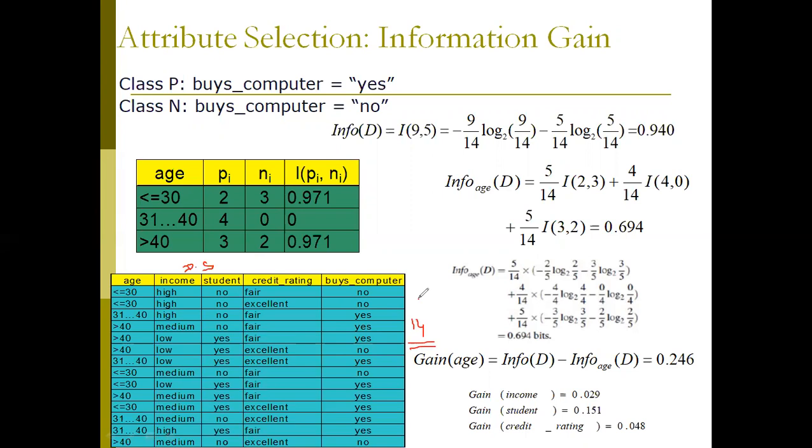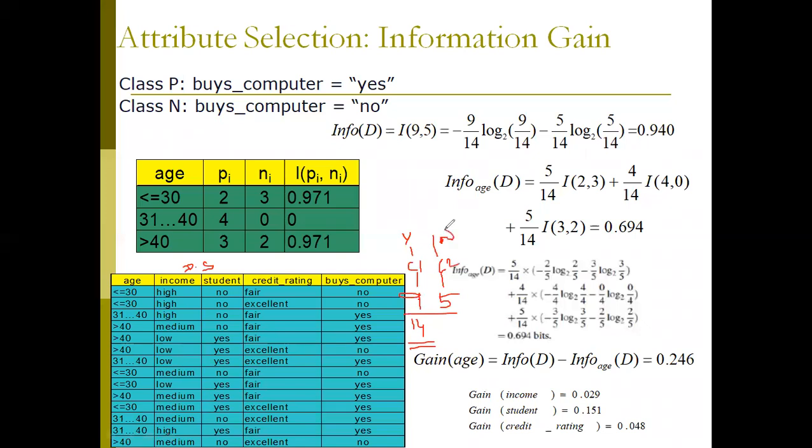The records labeled with yes are 9, and the records labeled with no are 5. These are class label 1, yes, and class label 2, no. C1 and C2 represent yes and no class labels.